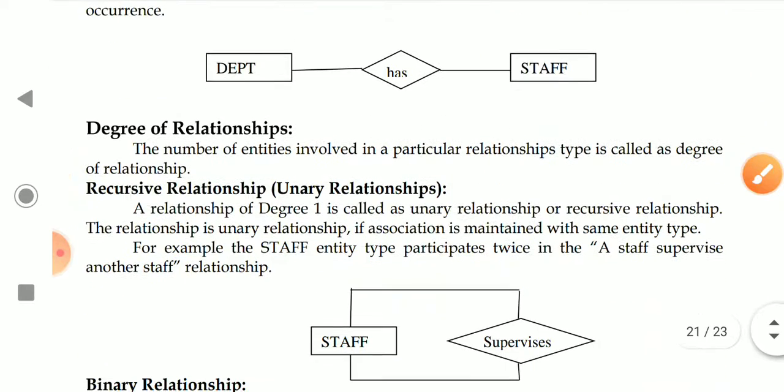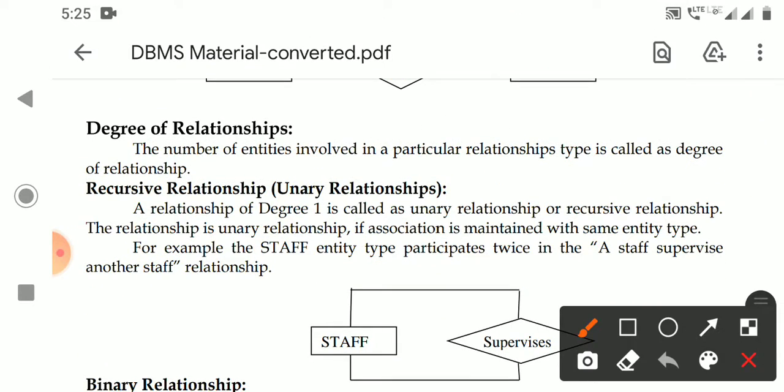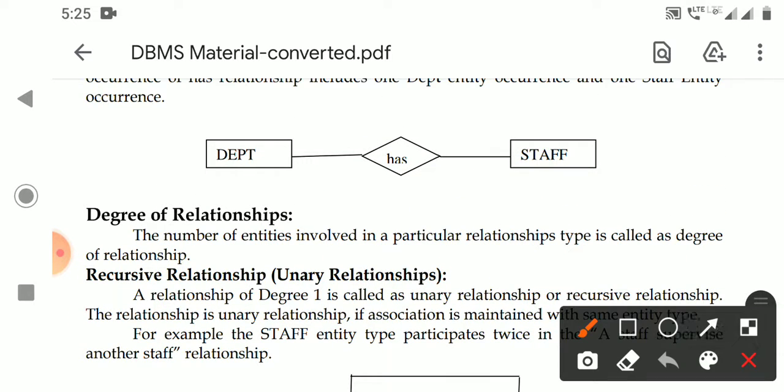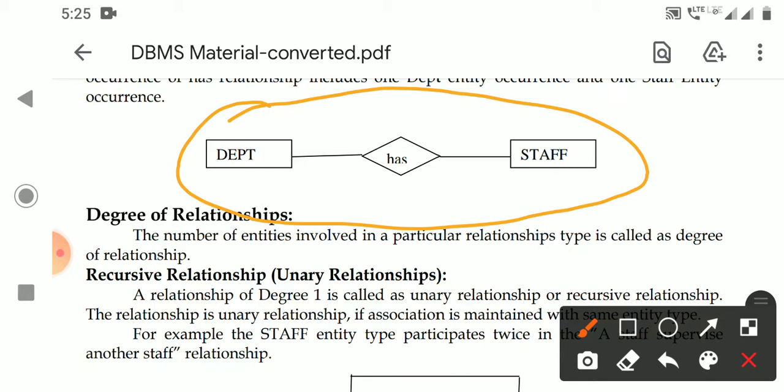Here we have the degree of a relationship. The degree of a relationship describes the number of entities participating in a relationship.